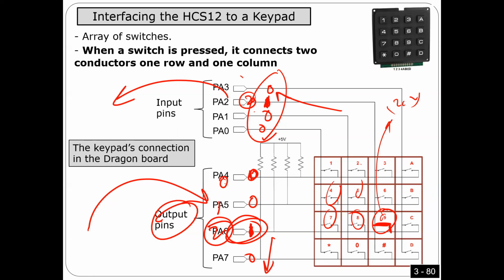So I'm going to show you the details now. By the way, I want to tell you something important here. I'm going to explain everything in detail because you need to learn everything. However, all I need from you for testing, for exams, and for the project is how you can use the keypad.